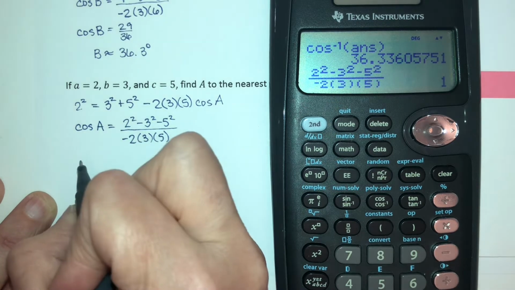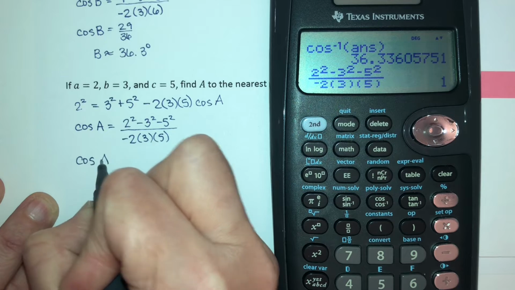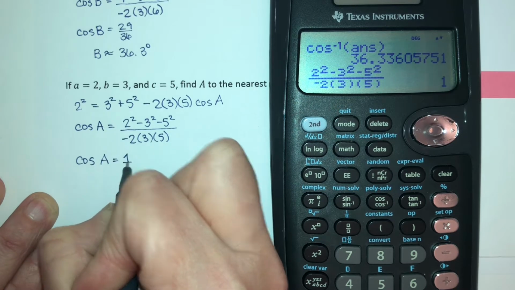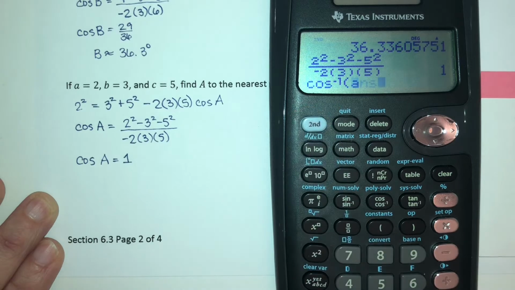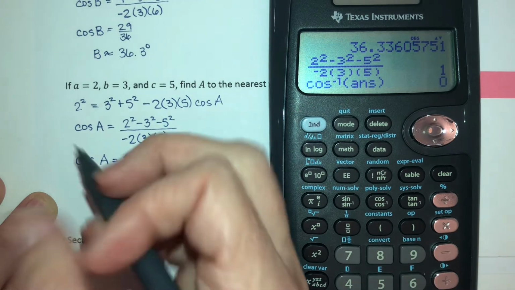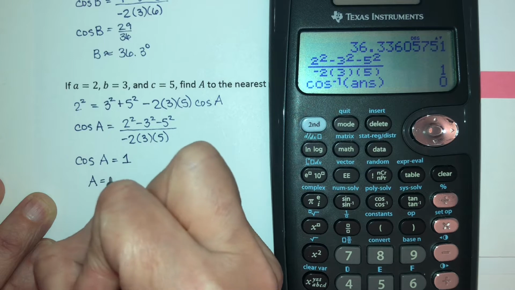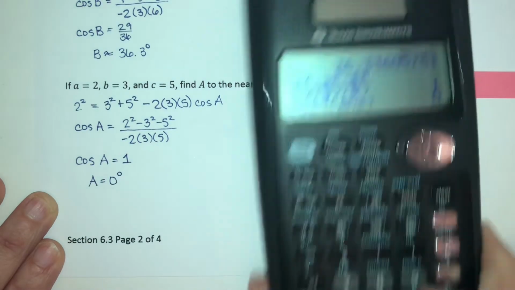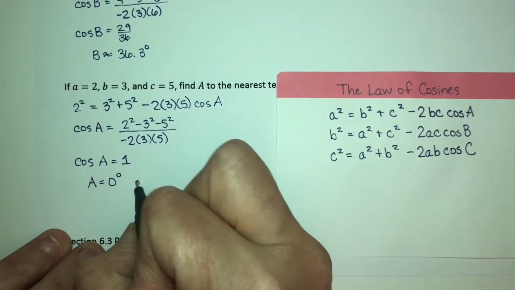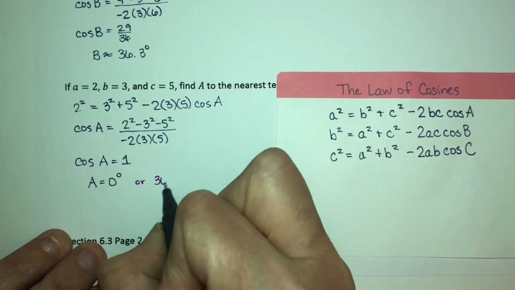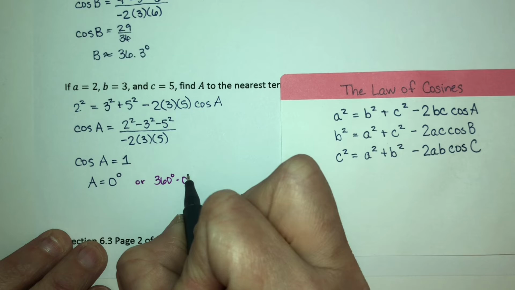And we get 1. Inverse cosine of that answer gives me 0. Okay, so 0 degrees, or our other possibility would be 360 degrees minus 0.